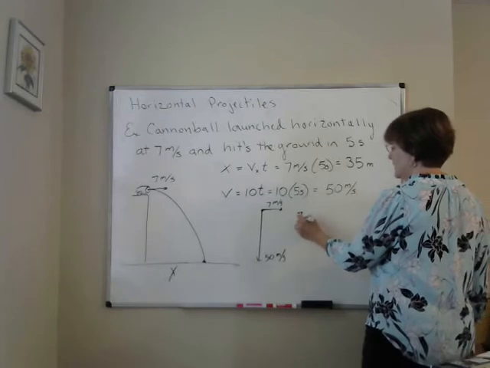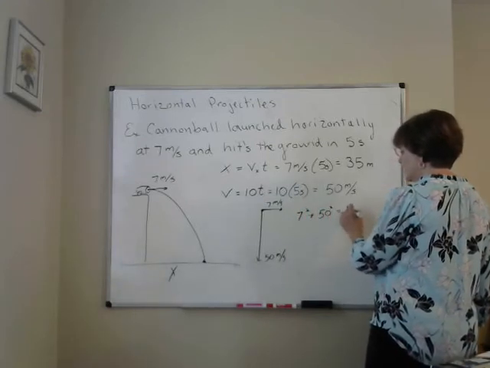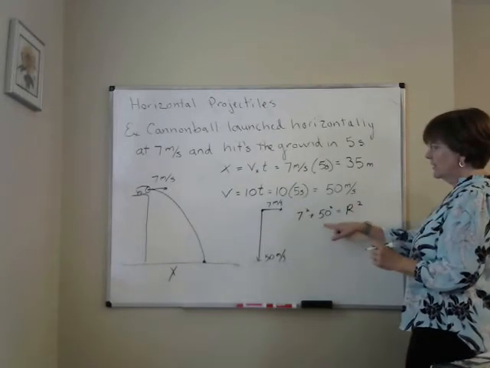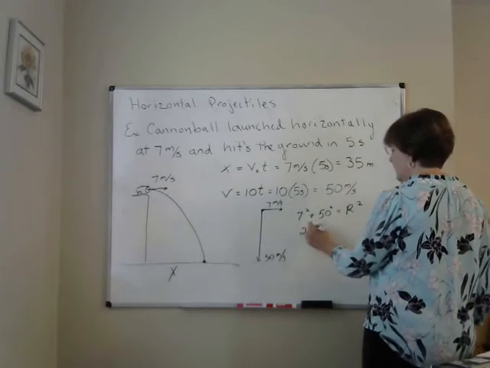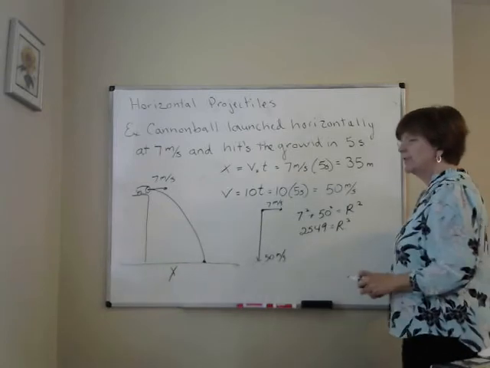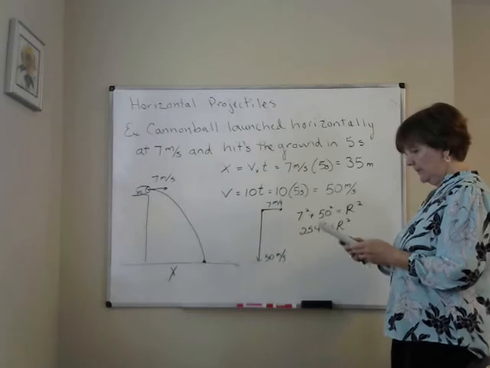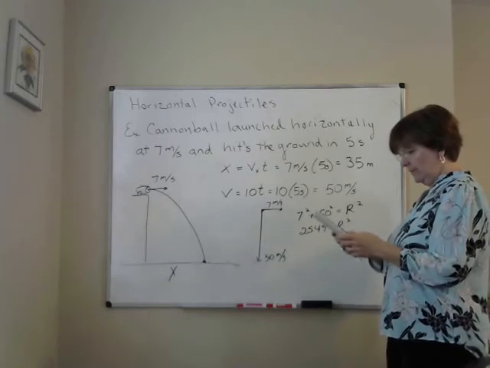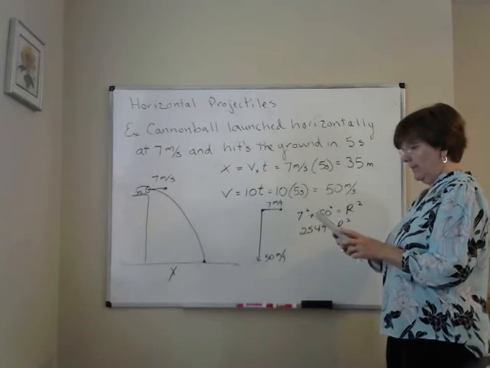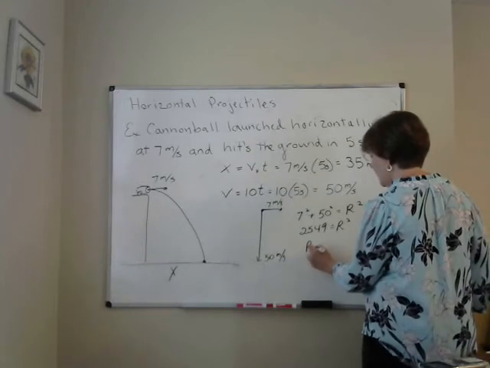I have to say 7 squared plus 50 squared equals the resulting speed squared. That's 2,500 plus 49, which is 2,549. The overall speed is probably going to be just a tiny bit faster than 50, because that 7 is going to add a little bit to it. Let's see, the square root.